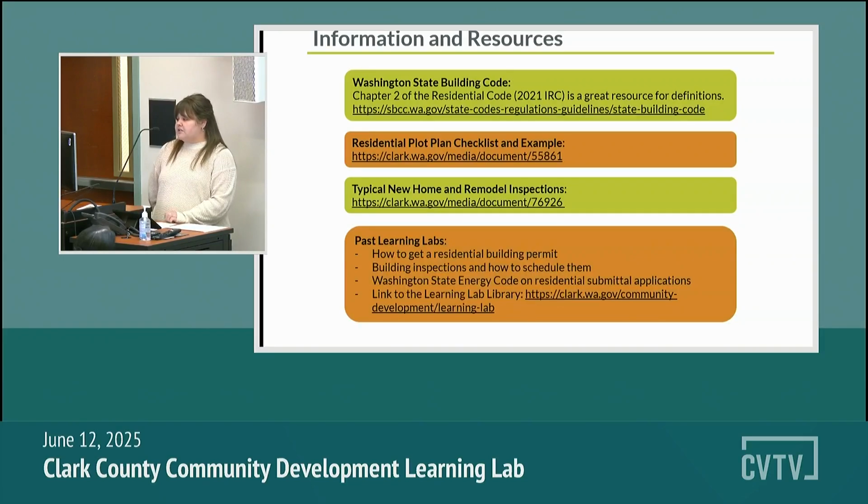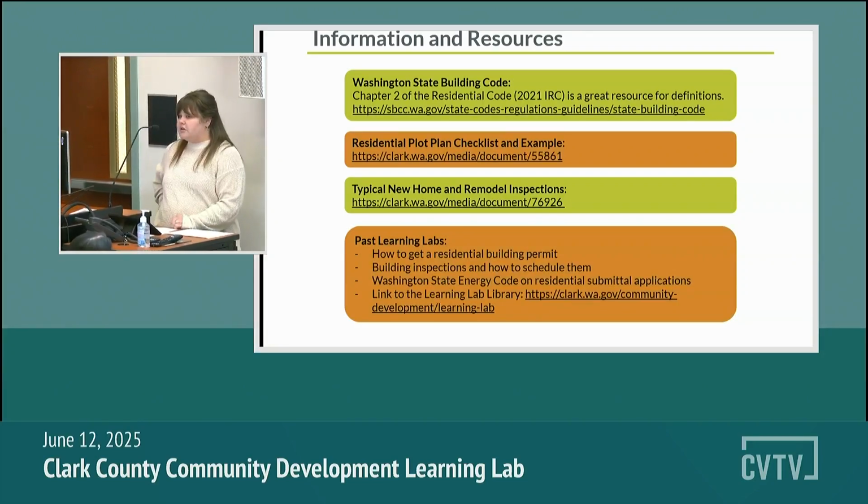And then I want to reference some of the past learning labs that our department has done: how to get a residential building permit, building inspections and how to schedule them, and the Washington State Energy Code on residential submittal applications. And we've also included a link to the Learning Lab library there at the bottom.